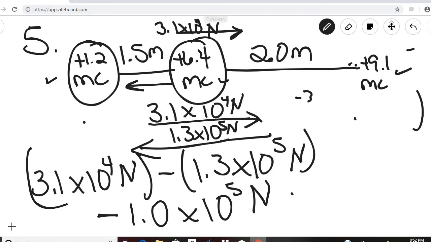So because it's negative, we can keep that negative there, and we would say that the force is to the left. Okay, I'm going to go ahead and run the math on that just to make sure that I had it correct.